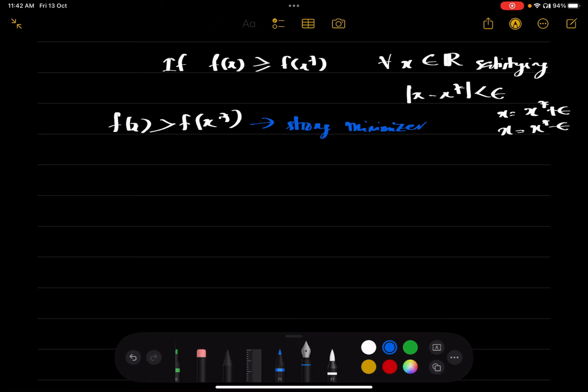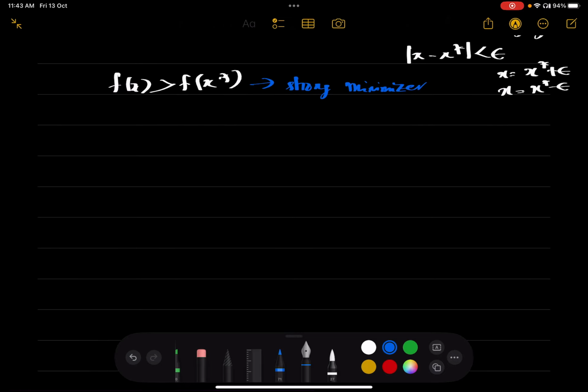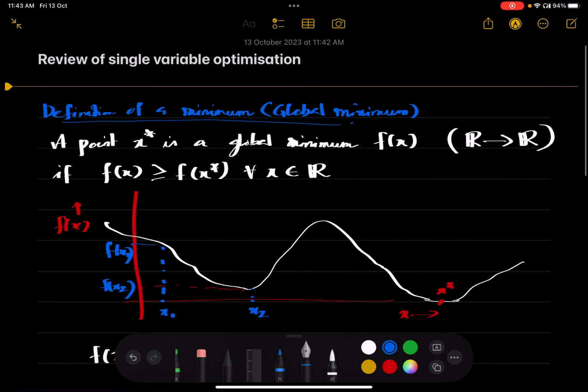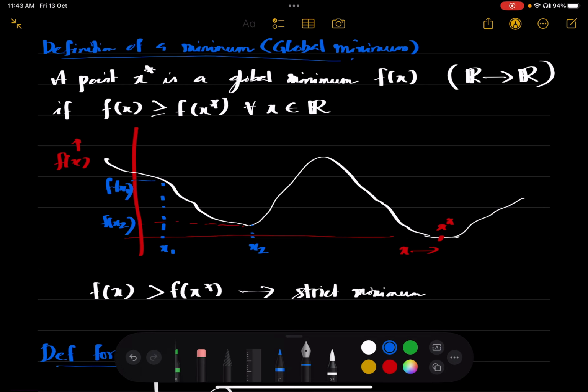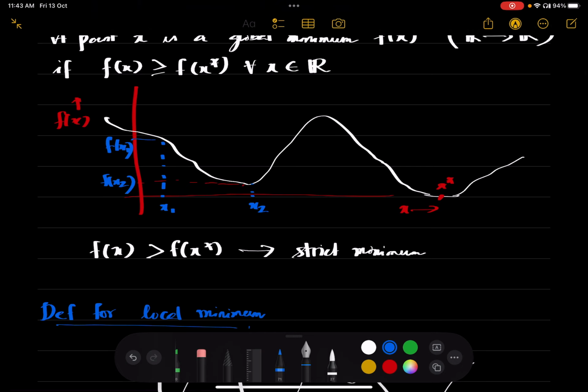Are there special characteristics of this minimum point, whether it is a local or global minimum? Using that, we try to identify the minimizer or maximizer of a function. In our case, we are more interested in the minimizer. Right now, we have understood what is a local and global minimum of a function, and in the next lecture, we'll try to understand how we identify these local and global minimum points.